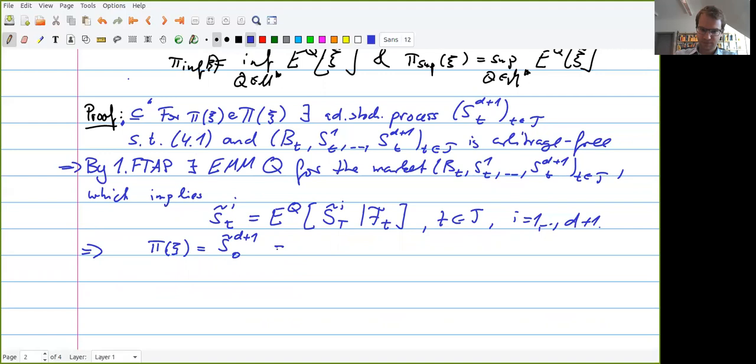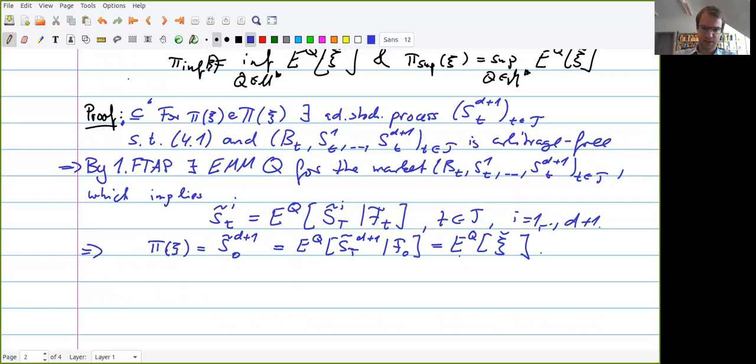And now I use the martingale property under Q and condition it on F0. Since we have a trivial sigma algebra at F0, you can forget this conditioning and have just the expected value, and at terminal time t, this is just the discounted claim.